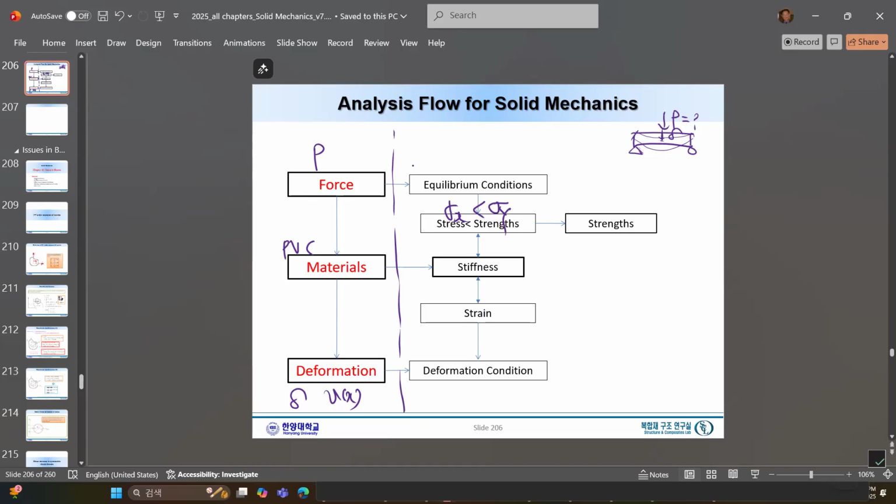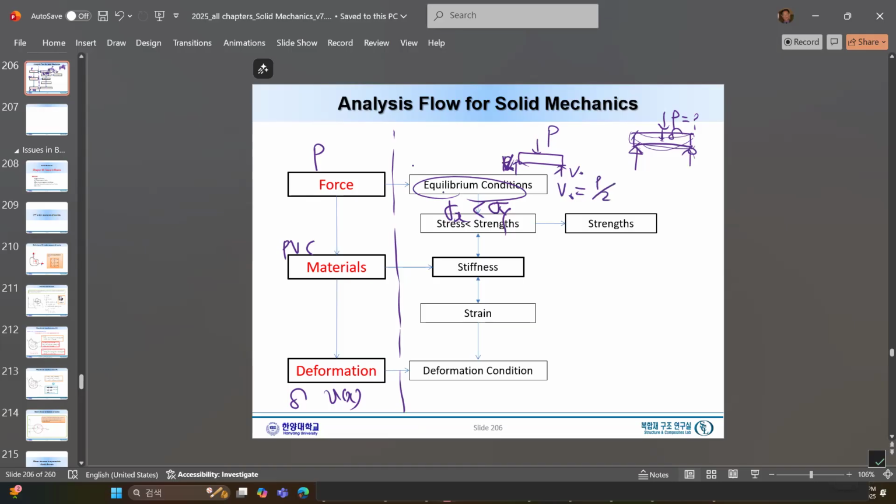And equilibrium, what is the equilibrium here? This beam needs to be in equilibrium, meaning how much the reaction force. So for equilibrium I would like to draw a free body diagram, with P. Let's say this is V0, V0. We already easily know V0 will be P over 2.